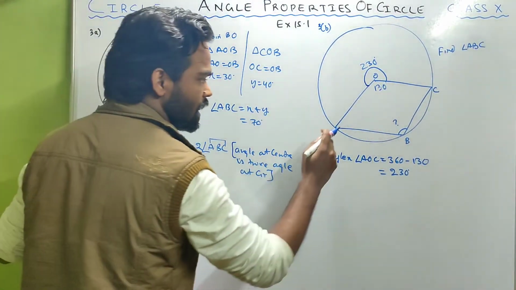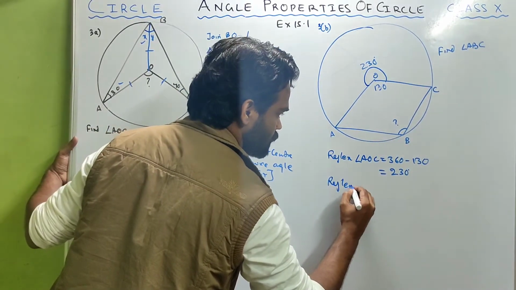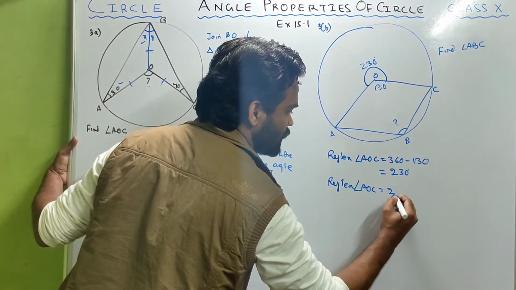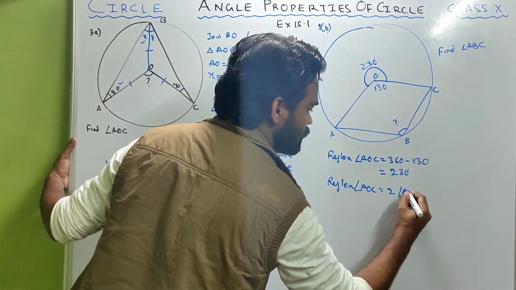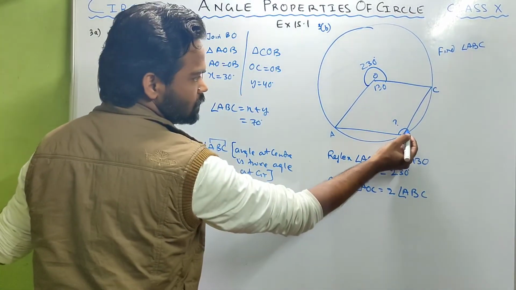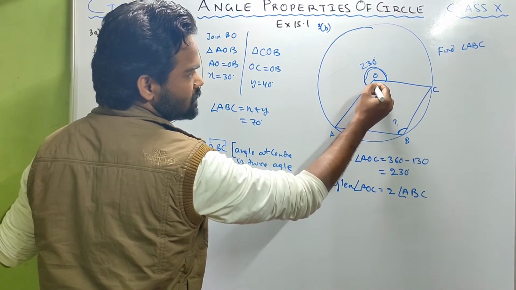Now remember, angle at the center, which is reflex AOC, will be twice the angle at the circumference, angle ABC. Don't be mistaken that this angle and this angle have a relation.